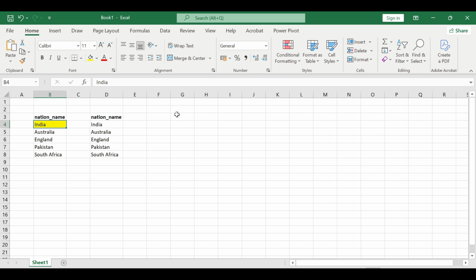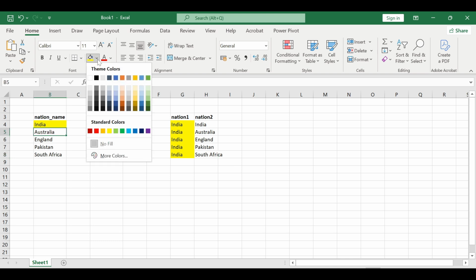If I put here nation 1 and here nation 2, then this India, which is in the left table, will appear 5 times and will join with all these values if we do the cross join. So India will join with India, Australia, England, Pakistan and South Africa.